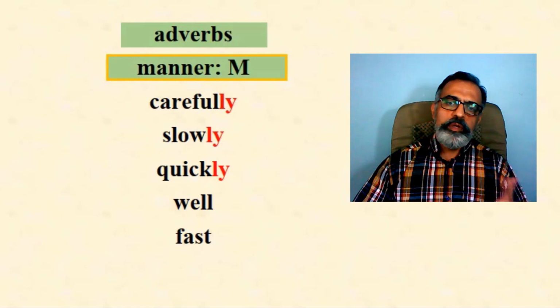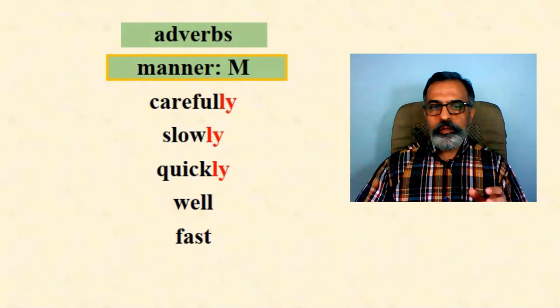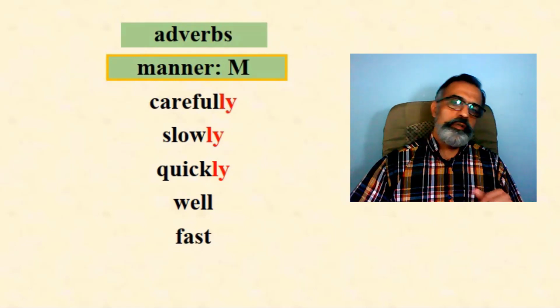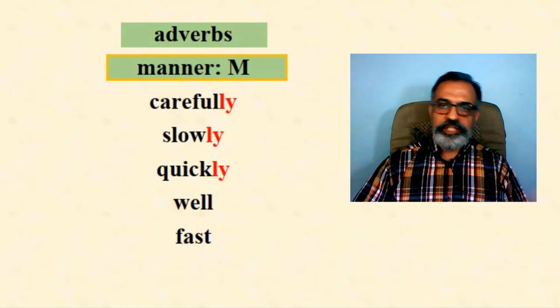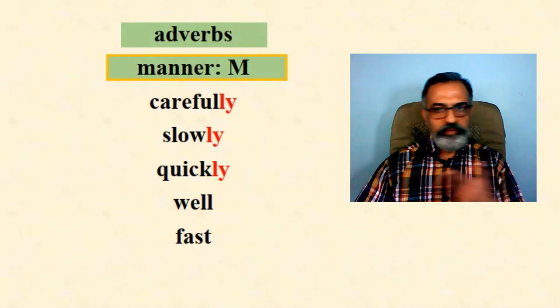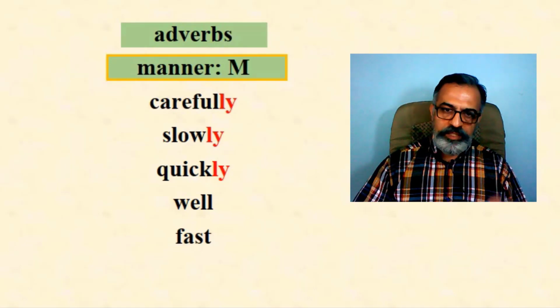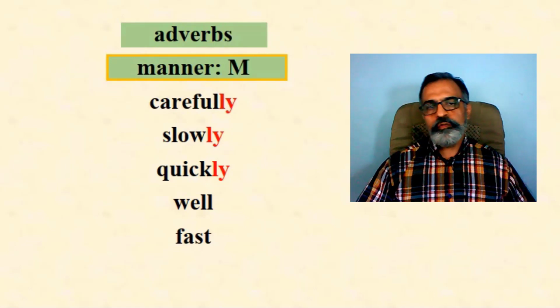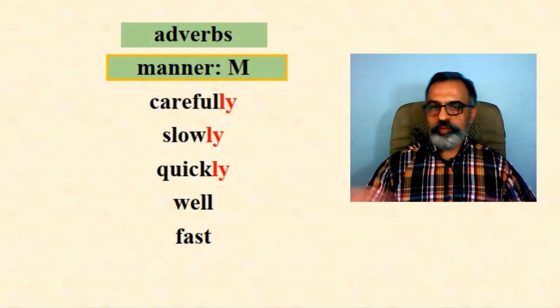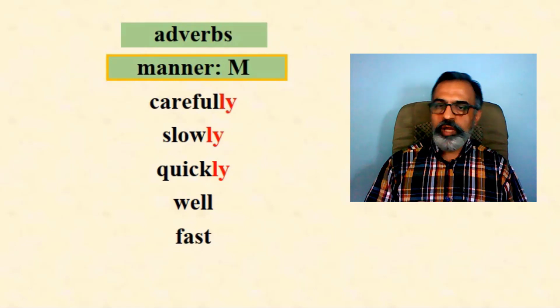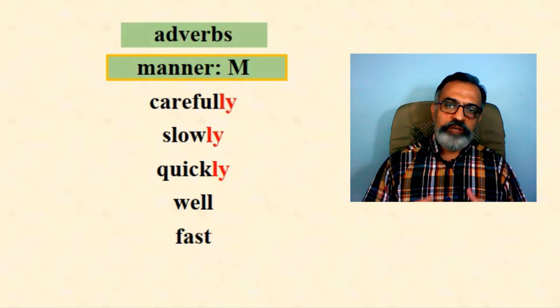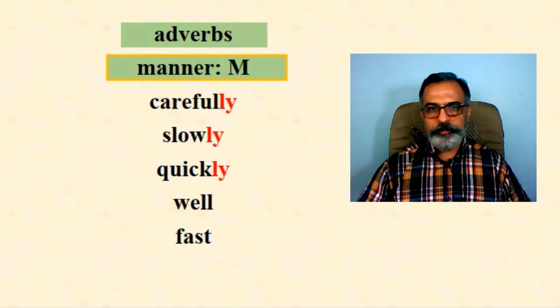Some of them, like good and well, which is a kind of irregular adverb, and fast, which is the same as the adjective: fast, adjective; fast, adverb. Adjective plus ly forms adverb of manner, but we have different forms: adverb in a form of a phrase, or irregular adverbs like well and fast.